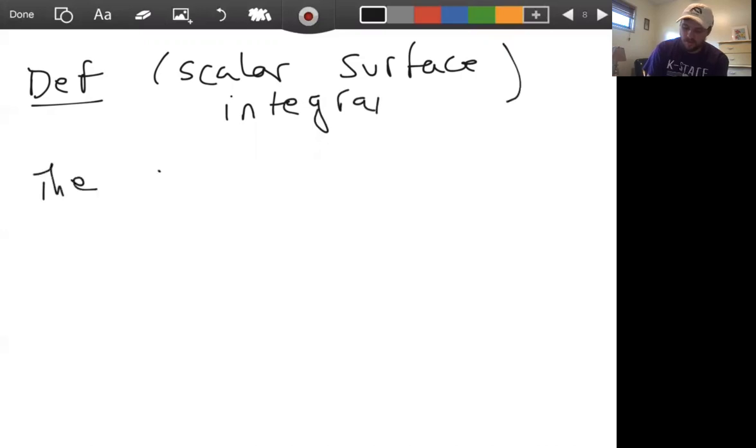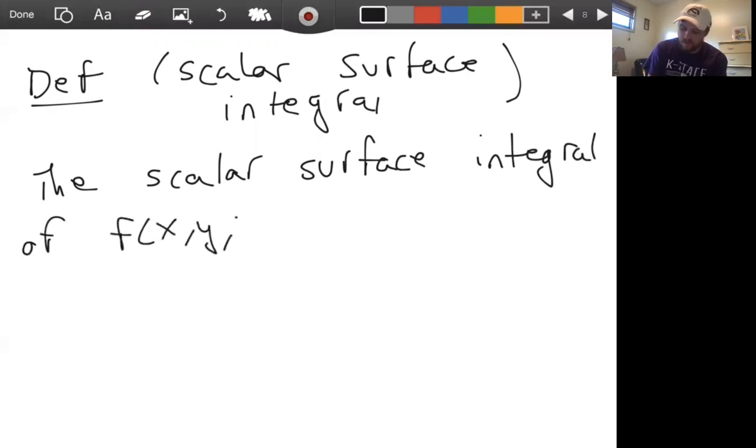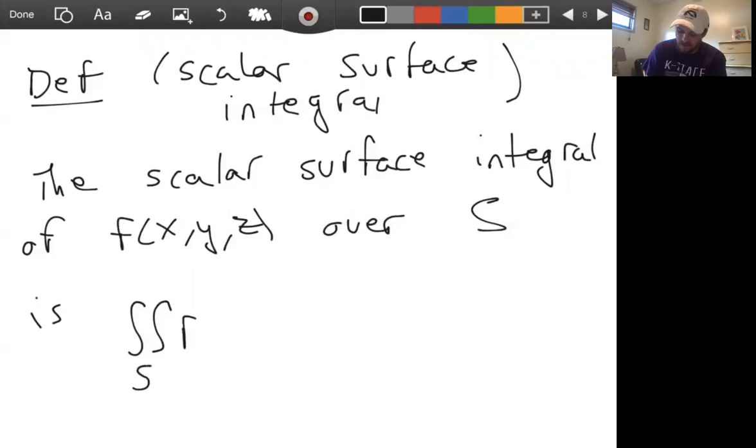Okay, so the scalar surface integral of f of x, y, z over S is, and we write double integral over S of f of x, y, z dS. This is equal to, so I can already tell I'm going to need more room because I tend to write big.